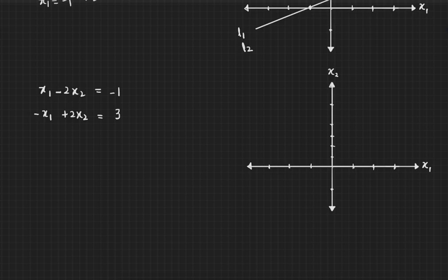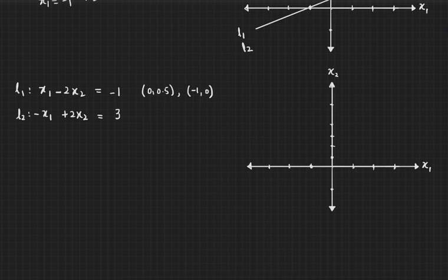Let us assume that the straight line corresponding to the first linear equation is L1 and the second linear equation represents the straight line L2. We already know that the first straight line passes through 2 points: 0 comma 0.5 and minus 1 comma 0.